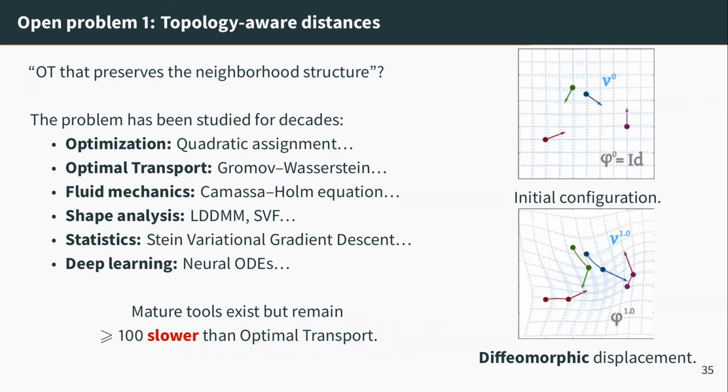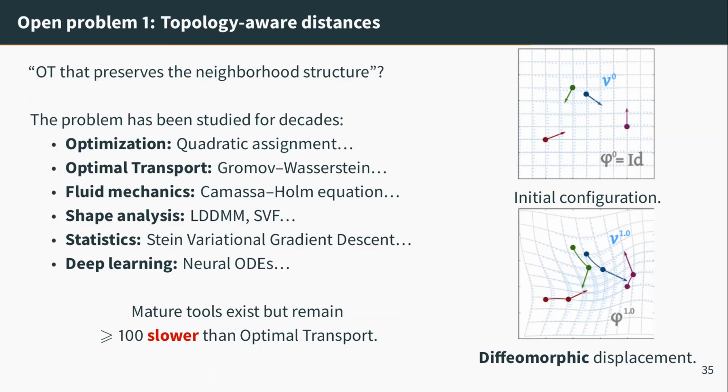Obviously, it's very important in fluid mechanics because saying that you want to preserve the topology of a point cloud is a bit like saying that you had 4 points on a grid and then you had some kind of fluid evolution that distorted the space and preserved the fact that those 2 points are close, etc. So you have a very strong link to the literature in physics, like with the Camassa-Holm equation, geometric interpretations, and the Euler equations.